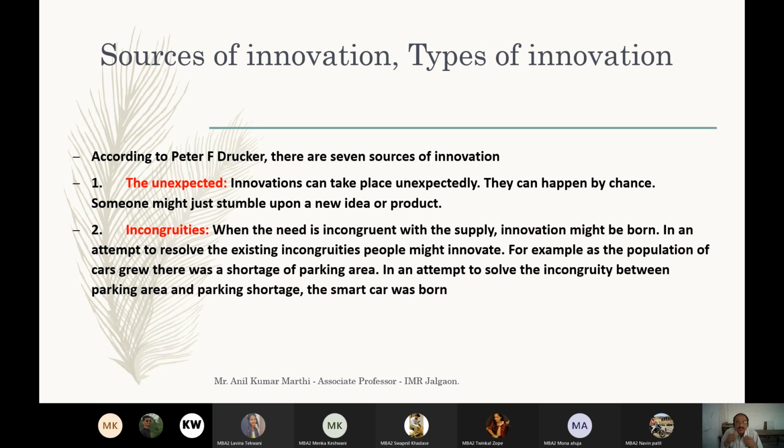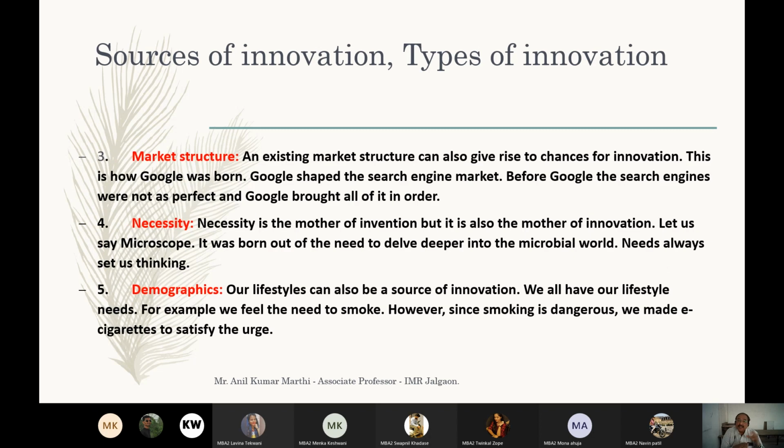This is another source. One is the unexpected source. The second one is the incongruities. The third one is the market structure. An existing market structure can also give rise to changes of innovation. This is how Google was born. Google shaped the search engine market.